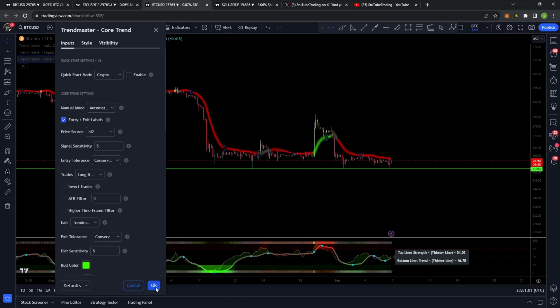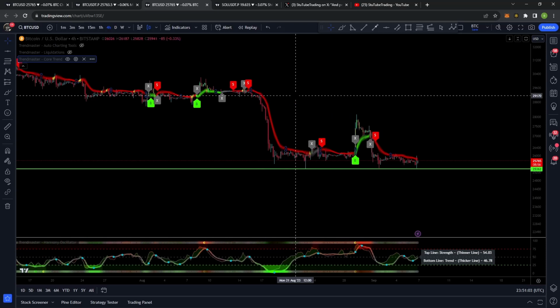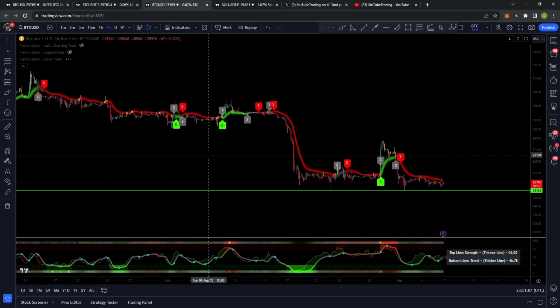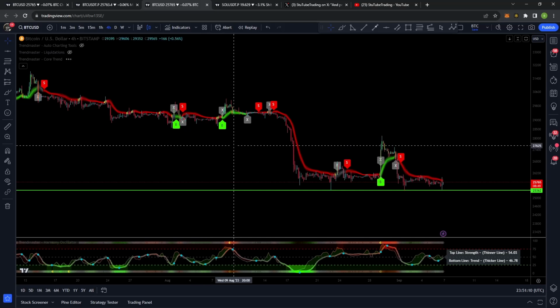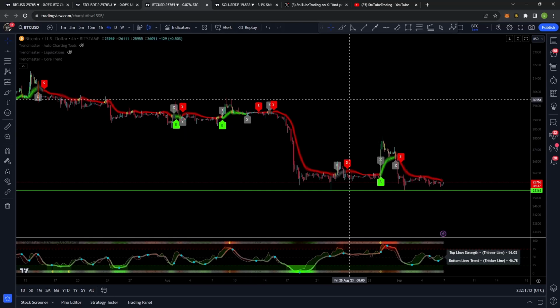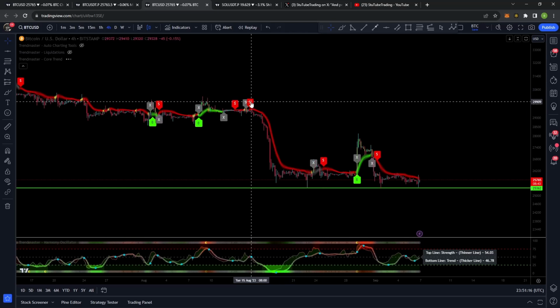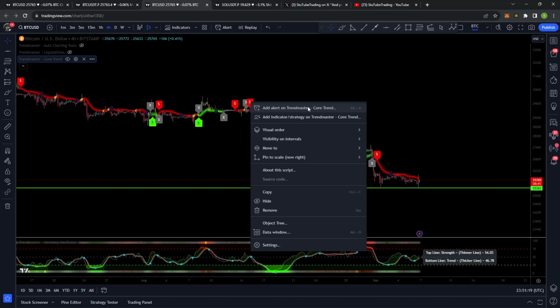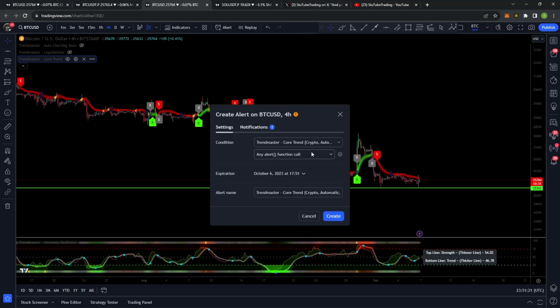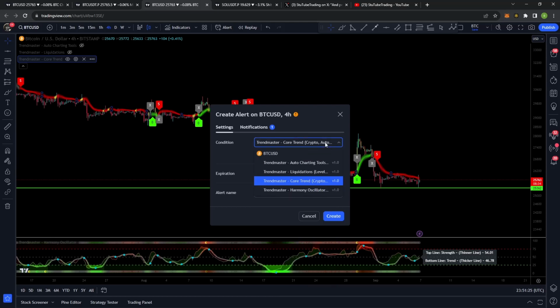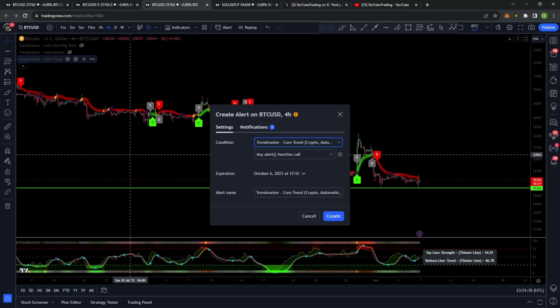I want to see this entry and exit. Okay, so this must be what you were talking about. You set alerts on those signals. I'm guessing that's what you were getting at. Add alert on TRENDMASTER core. Okay, so that's interesting.